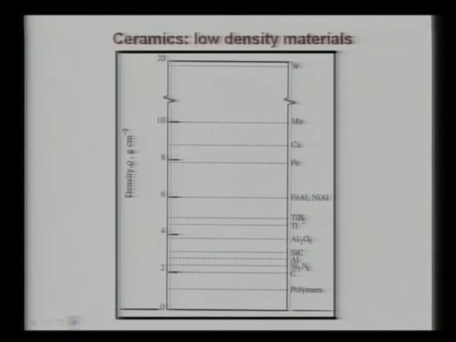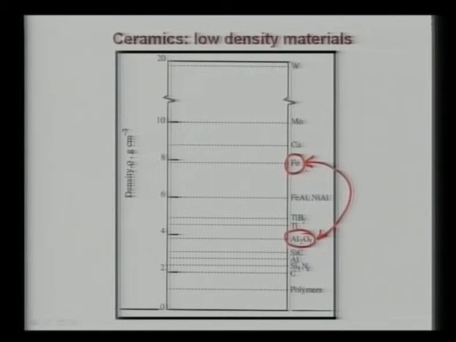Now to give an example of how the properties of ceramics compare with other materials: alumina has a density of close to 4 gram per cc, whereas iron has a density of 8 gram per cc. That means equal volumes of alumina and iron have almost half the weight, right?